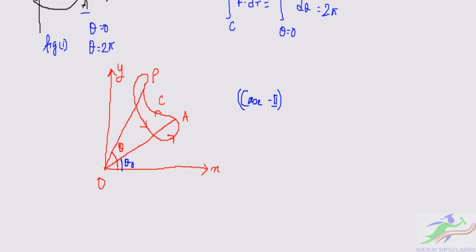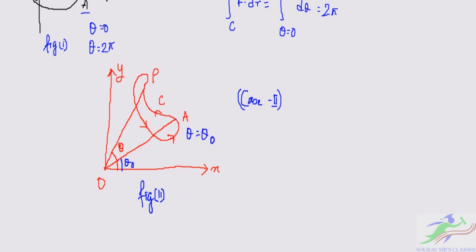Now if the origin O lies outside the closed curve C, as in figure 2, then for the curve C at the point A, we have theta equal to theta 0.